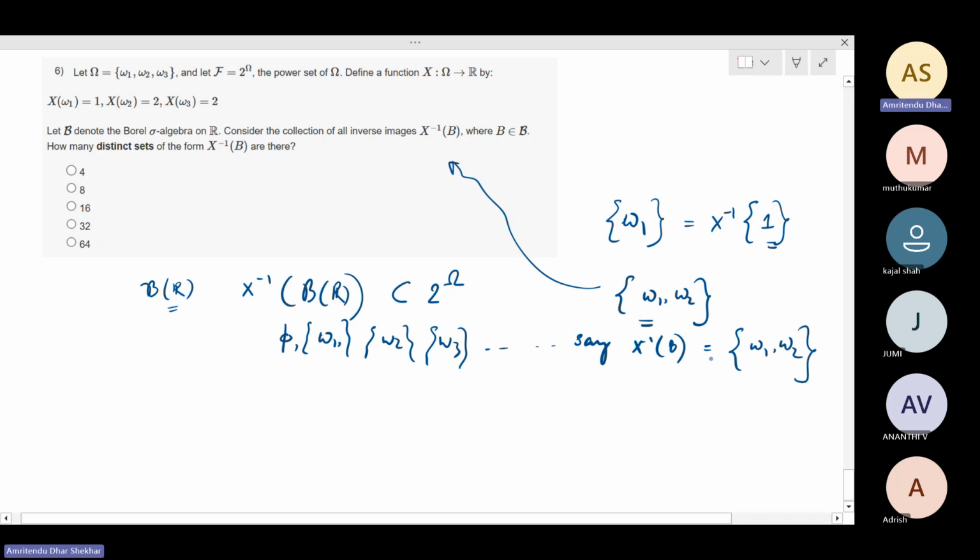Then such a b must necessarily contain 2, right? But if 2 is contained, then x inverse of b will never just have omega 1, omega 2, but will also have omega 1, omega 2, and omega 3. So omega 1, omega 2, and omega 1, omega 3 are invalid. They will not belong to this collection. This is how you basically have to solve this.